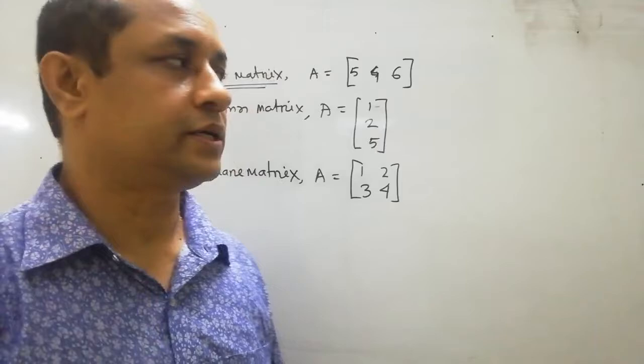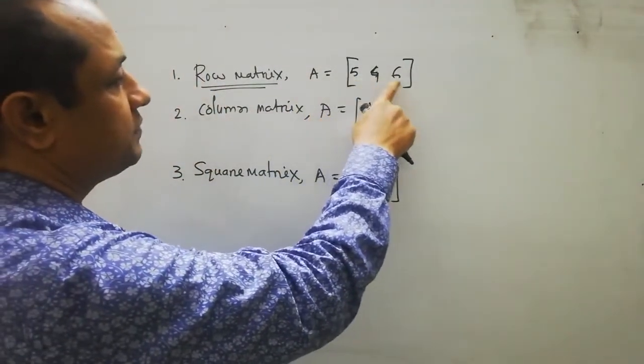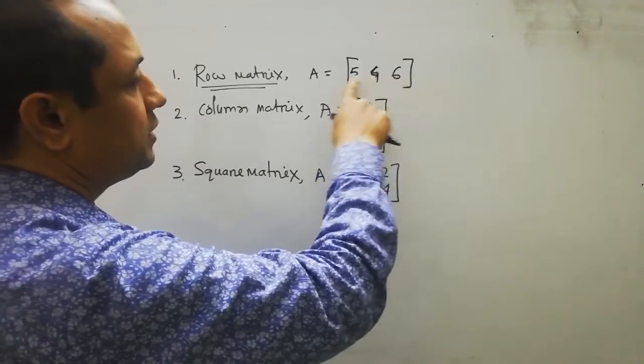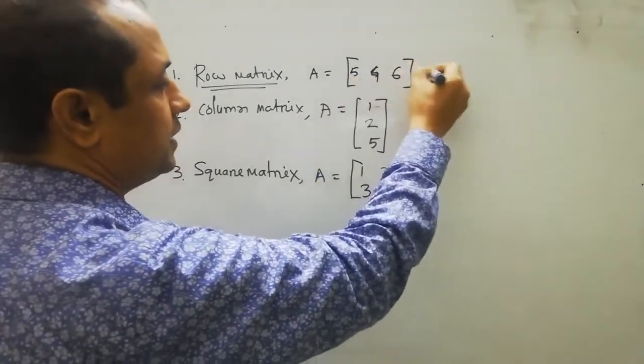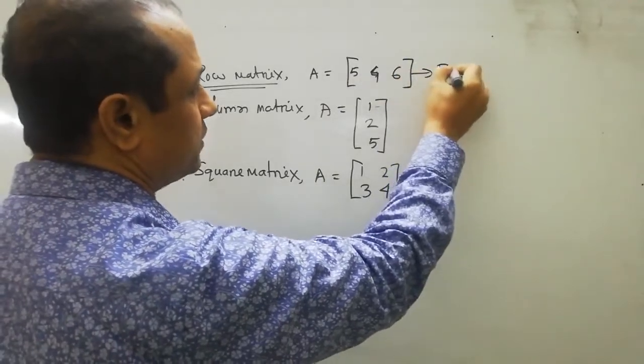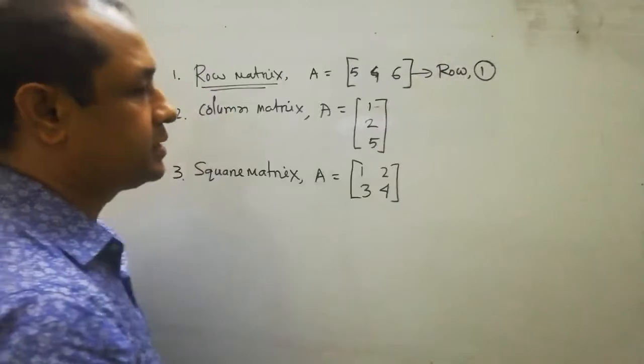Now suppose A equals 4, 5, 6. Here there is only one horizontal line, so the number of rows is 1. So it is a row matrix.